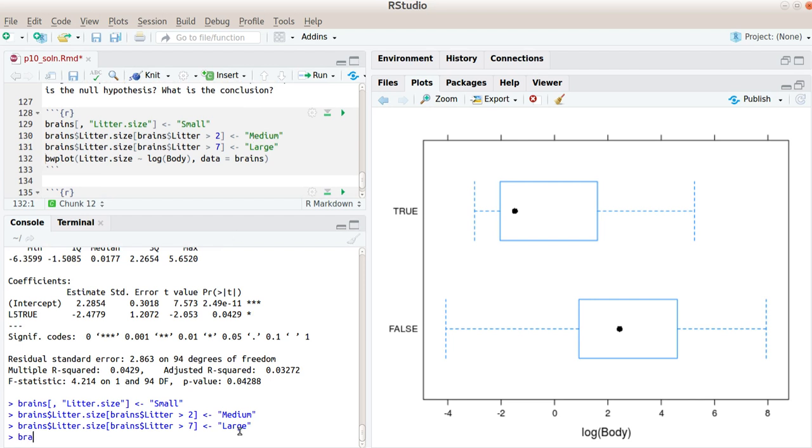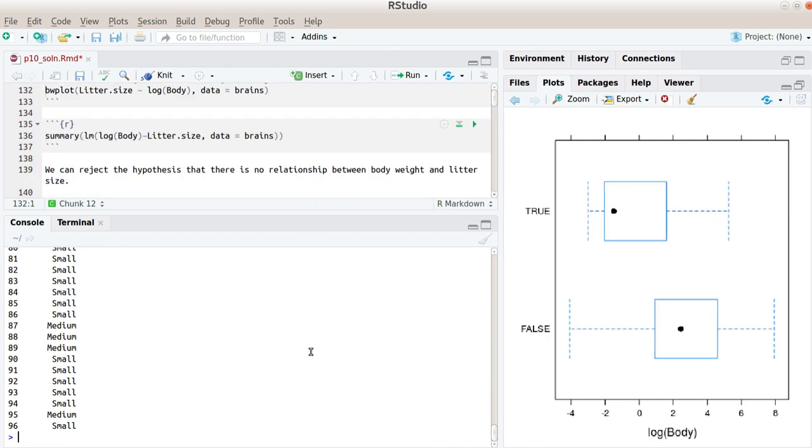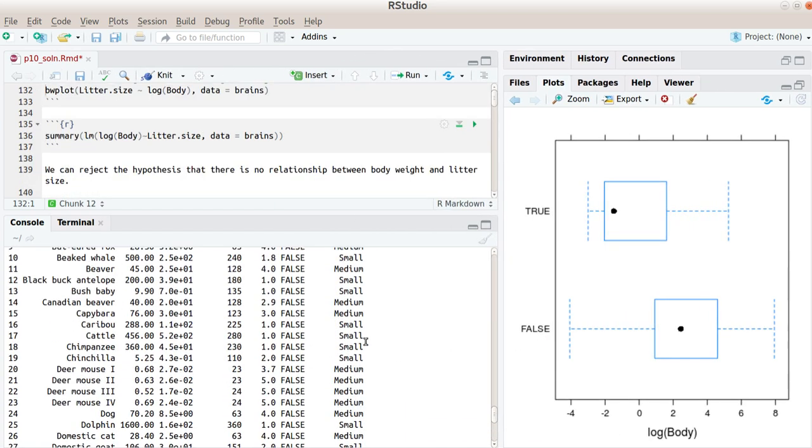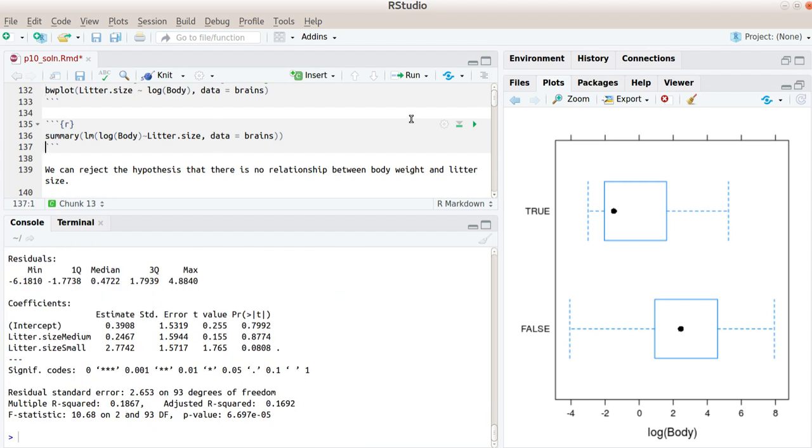So if we look at brains now, you have a column that corresponds to letter size. So here 5 is medium, and 1.2 is small, and so on. Before we run the test, we need to look at the box plots to make sure there are no outliers.